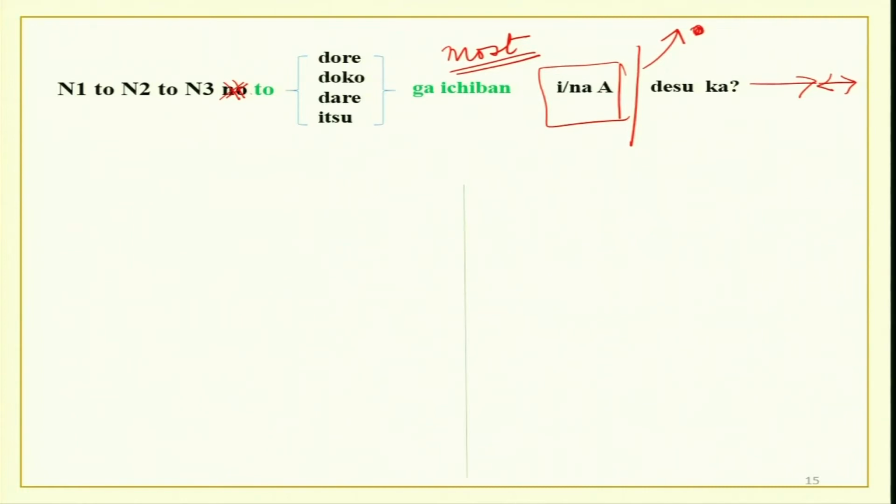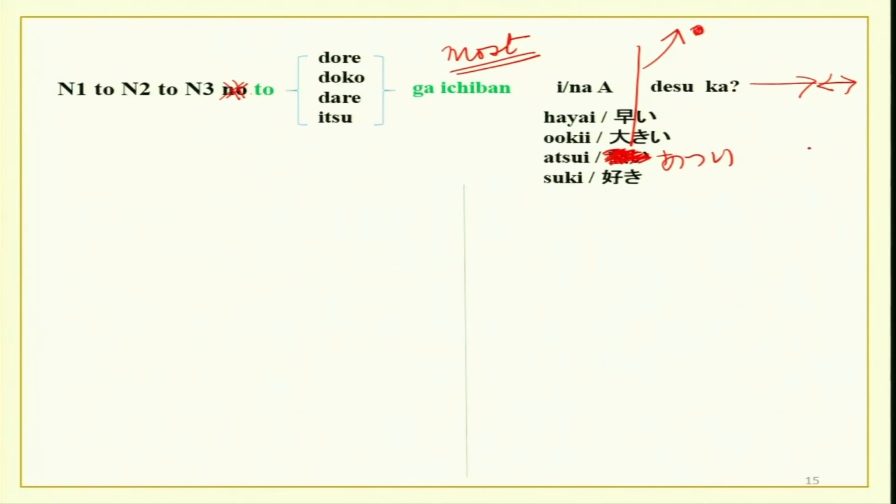So, now you can practice here. The adjectives are hayai, ookii, atsui and suki. You can forget this for the time being. We will just remove it from here. Atsui.